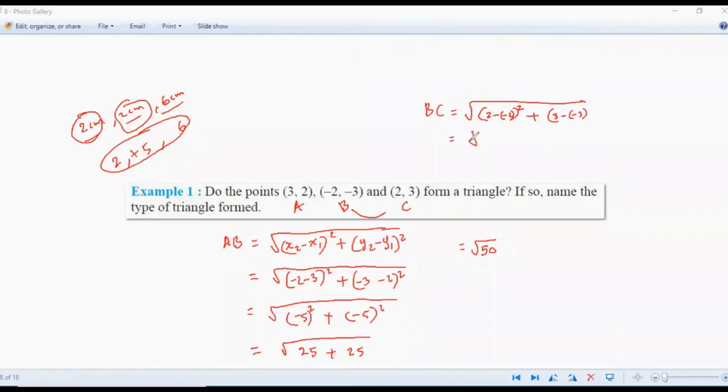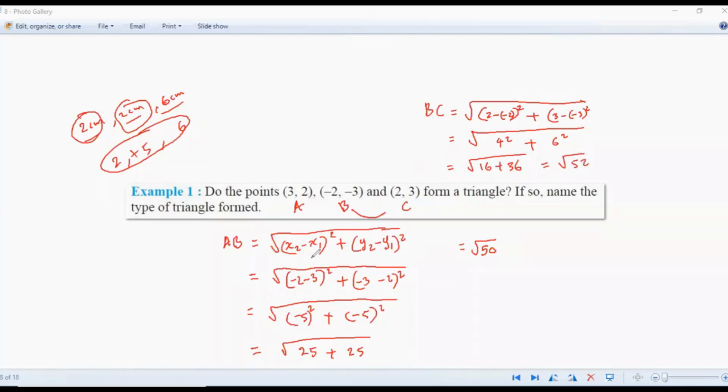Next step, 2 plus 2 is 4, so 4 square, plus 6 square. So root of 16 plus 36, that is equal to 52. So BC is root 52.